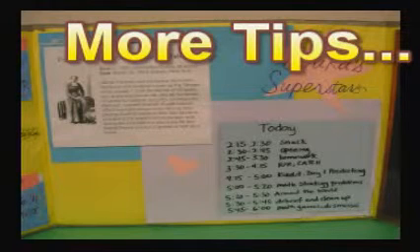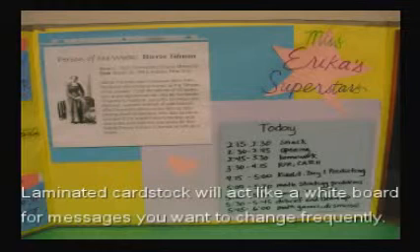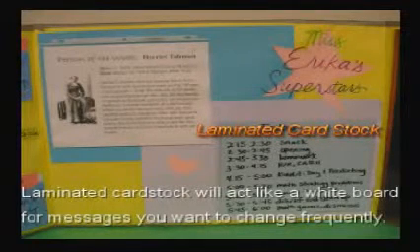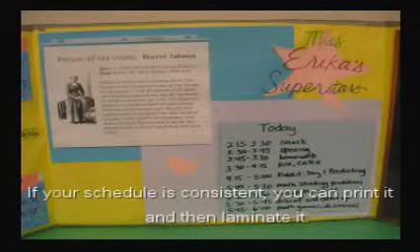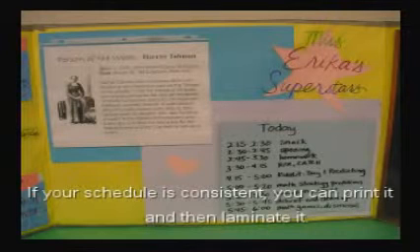Here we used a laminated piece of blank cardstock. If you were going to use this for your daily schedule and you have a pretty consistent schedule where things start and end at the same time every day, you could pre-print that before you laminated it with the times.